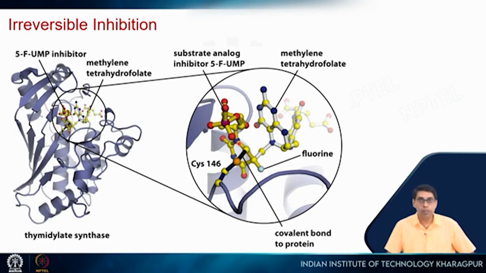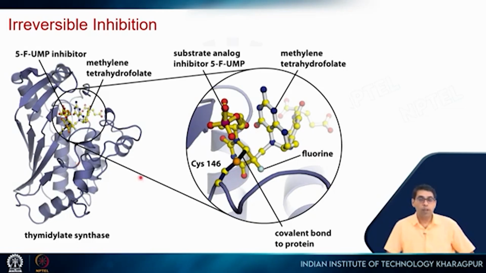If we zoom into this region, it looks like this, right. And you can see that it is forming a covalent bond with this cysteine 146, right. So, once this is forming a covalent bond, it is bound to this, and it is also bound to this cofactor, and these two will permanently remain in the active site of the protein. So, this enzyme molecule is, for all practical purposes, inactivated, right.